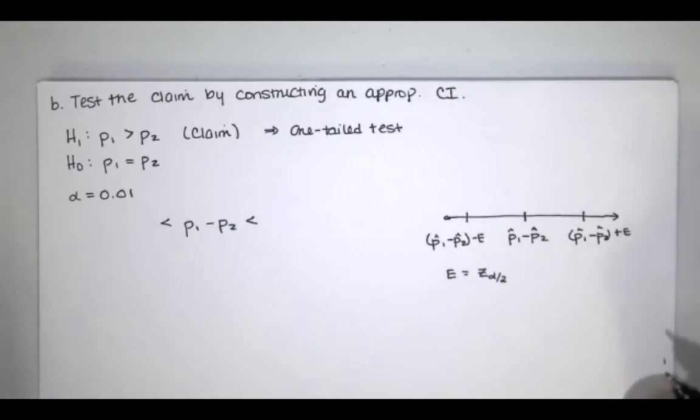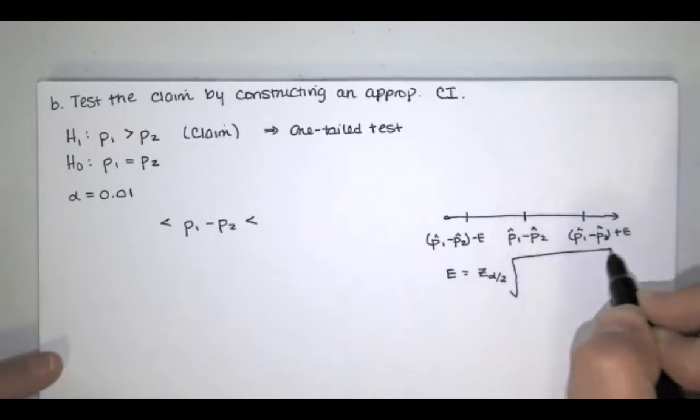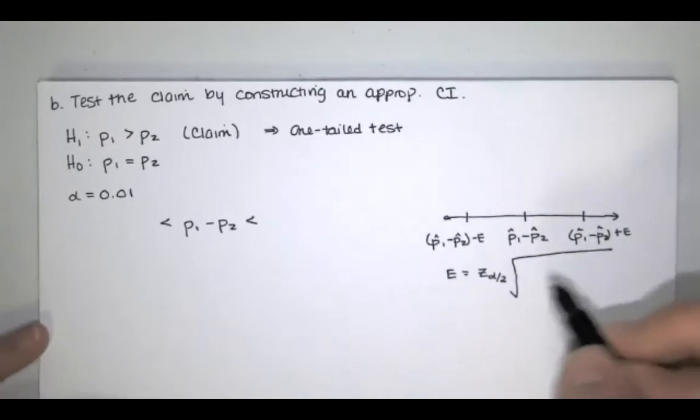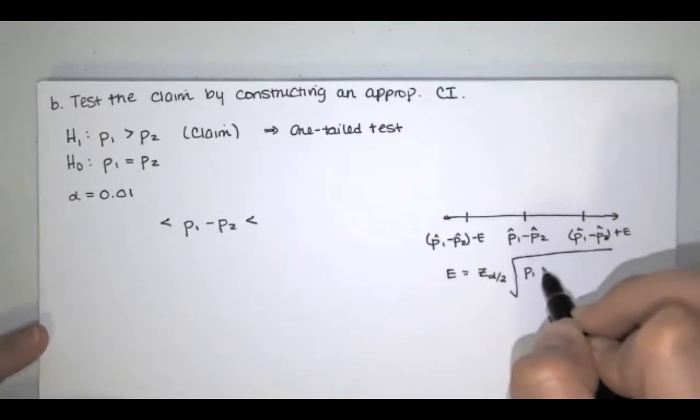Since we're not assuming that the null hypothesis is true, which means we're not assuming that P1 and P2 are equal to each other, it doesn't make sense to use that pooled sample proportion as an estimate for both P1 and P2. Since we're not making that assumption, the best estimate for P1 and P2 is P1 hat and P2 hat. So in that case, the standard deviation of the distribution of this difference is equal to the square root of this, or is approximated well by this.